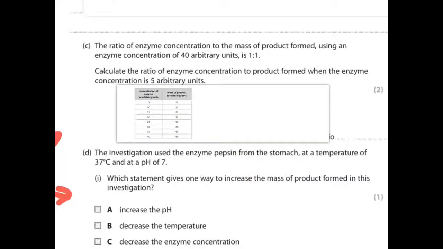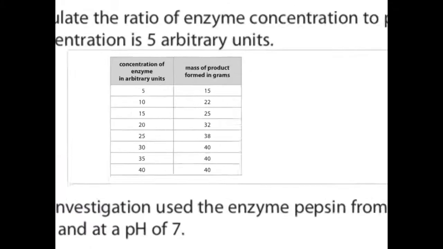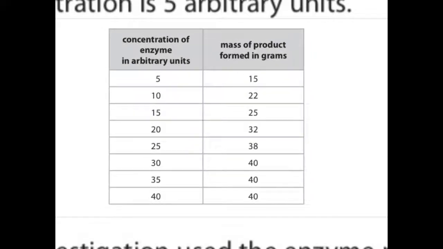But the question says calculate the ratio of enzyme concentration to product formed when the enzyme concentration is 5 arbitrary units. So how do you do that? Firstly, you look at 5 arbitrary units and you see that 15 grams is produced. So doing this is actually quite easy. At the moment the ratio is 5 to 15.